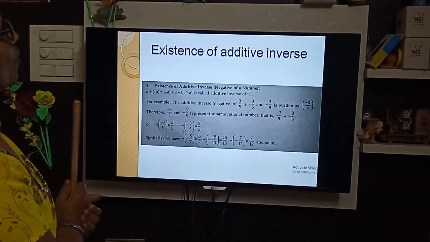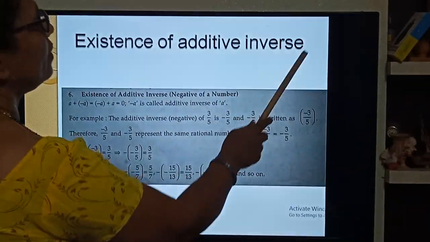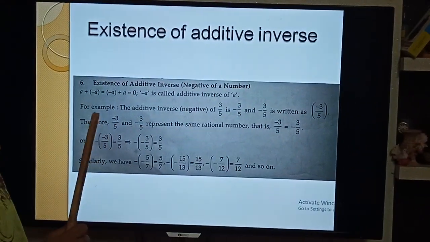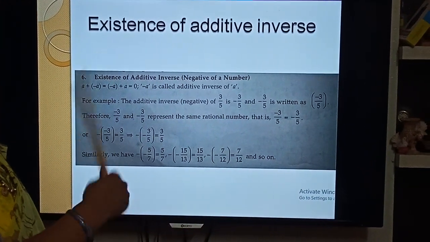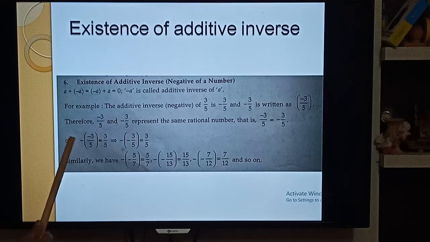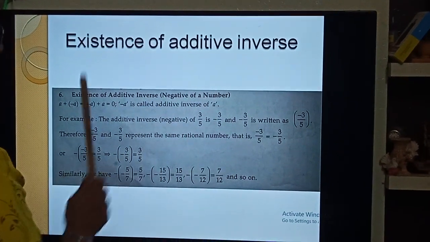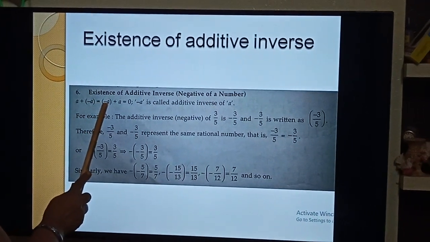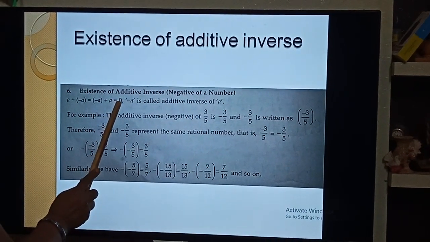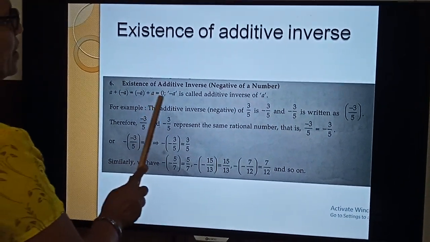Existence of additive inverse. Children, please carefully learn this. Inverse means just opposite sign. If it is plus, that will be minus. If it is minus, that will be plus. So, existence of additive inverse or negative of a number. See here, A plus minus A is equal to minus A plus A. In both the cases, the sum is 0.